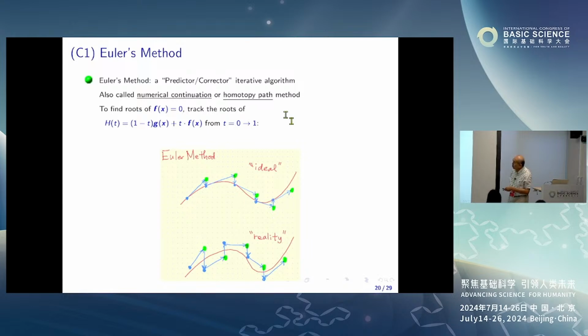So path, well, here's the curve here, and you move green point, which is outside. This is ideal. You don't in reality even hopefully not keep exact.